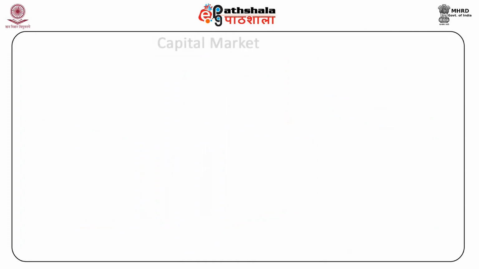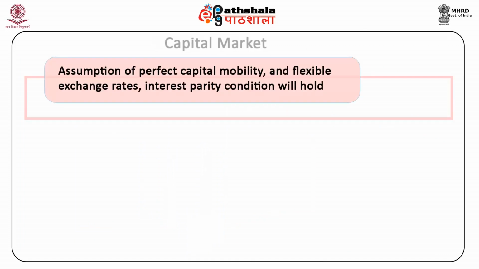Capital market. Due to the assumption of perfect capital mobility and flexible exchange rates, the interest parity condition will always hold. This ensures that the capital market will always be in equilibrium.